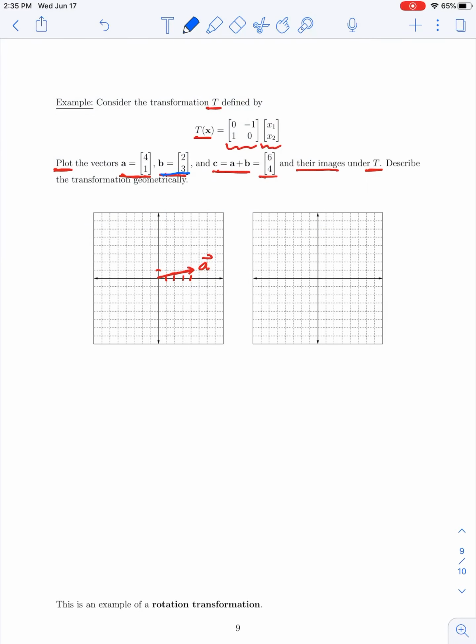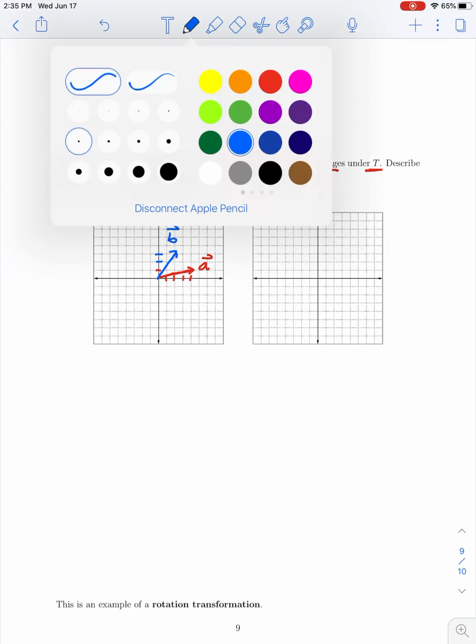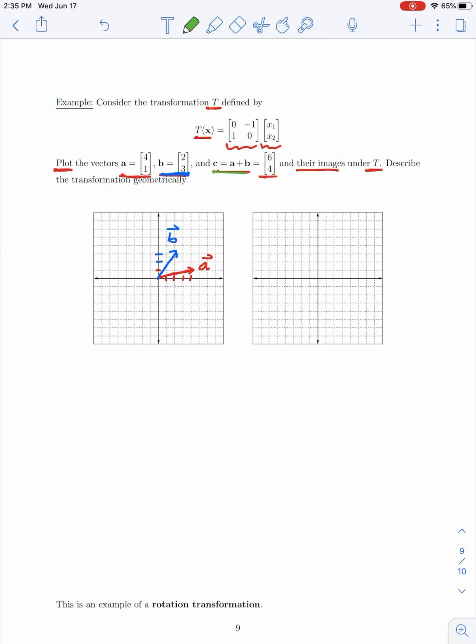B is the vector (2, 3), so the vector shown here. And then C is defined as the sum of A and B, which is (6, 4).